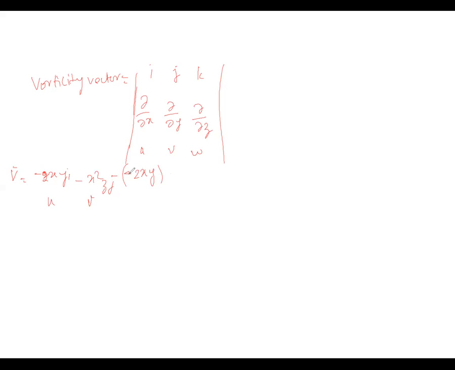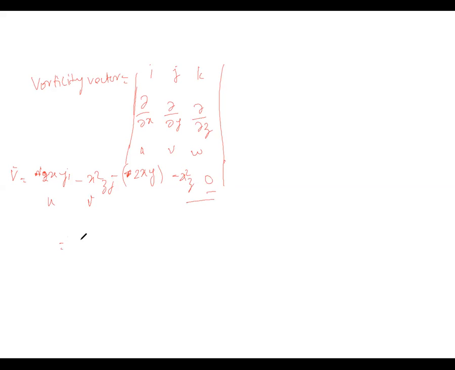Suppose the problem given has a plus sign, then you can take the plus value, so the given u is plus 2xy. Then the v component is minus x square z, and the w component is 0.